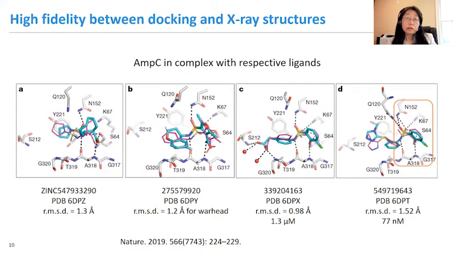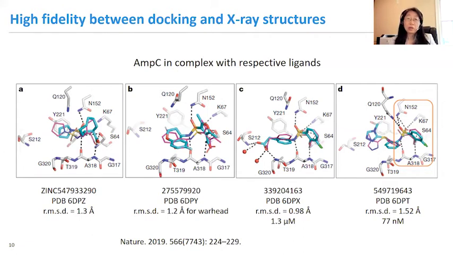Out of the hits identified from this virtual screening campaign, a few compounds were later resolved by X-ray crystallography, and the experimental poses showed remarkable consistency with the docking predicted poses, as evidenced by the key interaction elements, the orientation in the binding pocket, and most importantly, the root mean squared deviation, which are all very low in these instances.